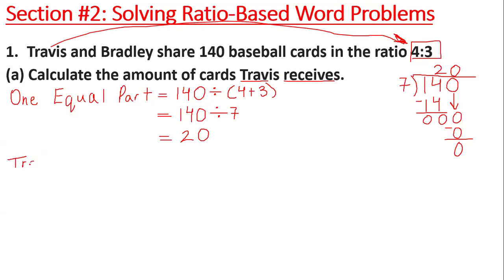So Travis receives 4 multiplied by 20. What is 4 times 20? 80.